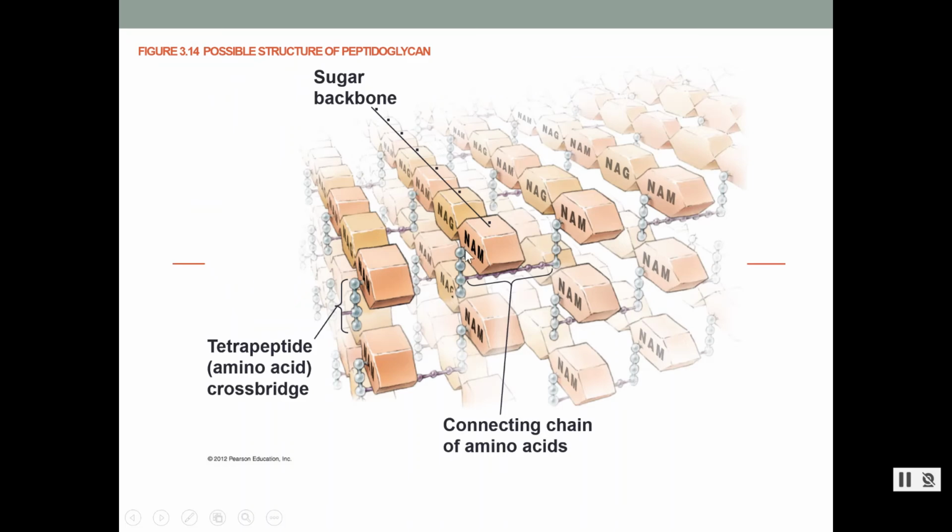NAG and NAM repeat and make long chains of sugars, and then the peptide portions connect one NAM to another, front, back, side together. Instead of long strings of sugars, which can easily be broken, you bind all these strings together into a very strong, rope-like structure with these crosslinks. This is why these cell walls can be so rigid and provide such good protection for prokaryotic cells.